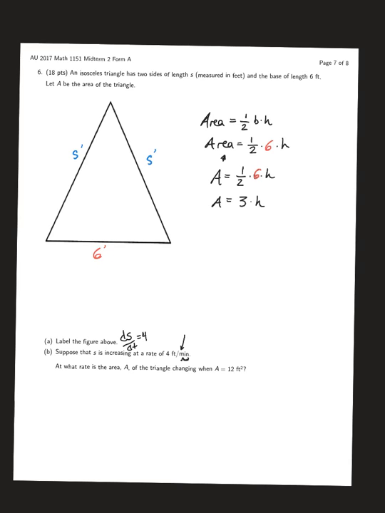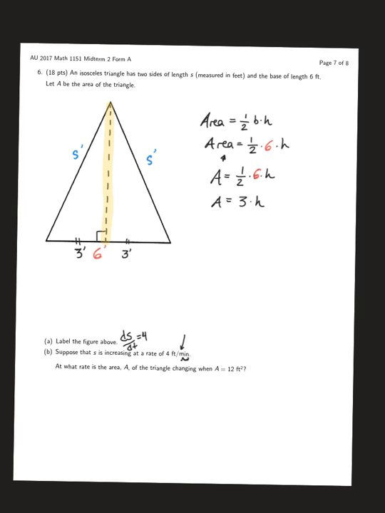So what can we do? Well, we can think geometrically here. If we draw a perpendicular line from the vertex of the isosceles triangle to the base, we can find this missing side using the Pythagorean theorem.